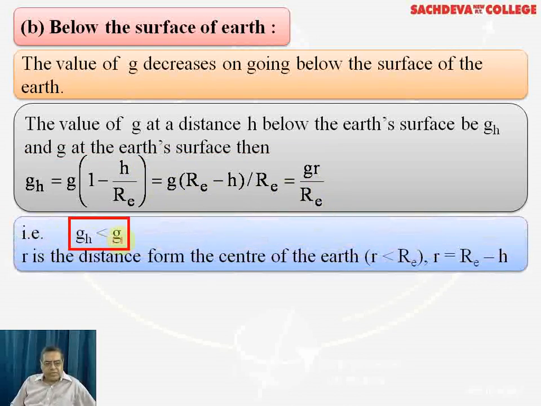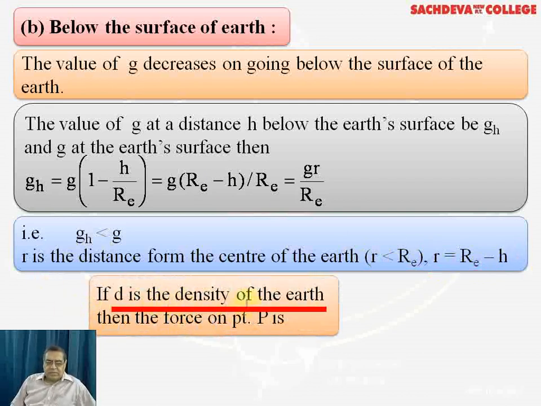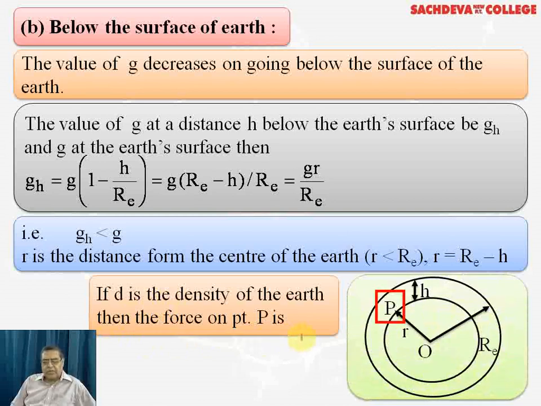Now Gh will be less than G, that is, Gh is the acceleration due to gravity inside the Earth at distance h from the surface. Now from the center of Earth, R is less than RE, or R is equal to RE minus h. If D is the density of the Earth, then what is the force on point P? Density is mass by volume, or mass is density into volume.